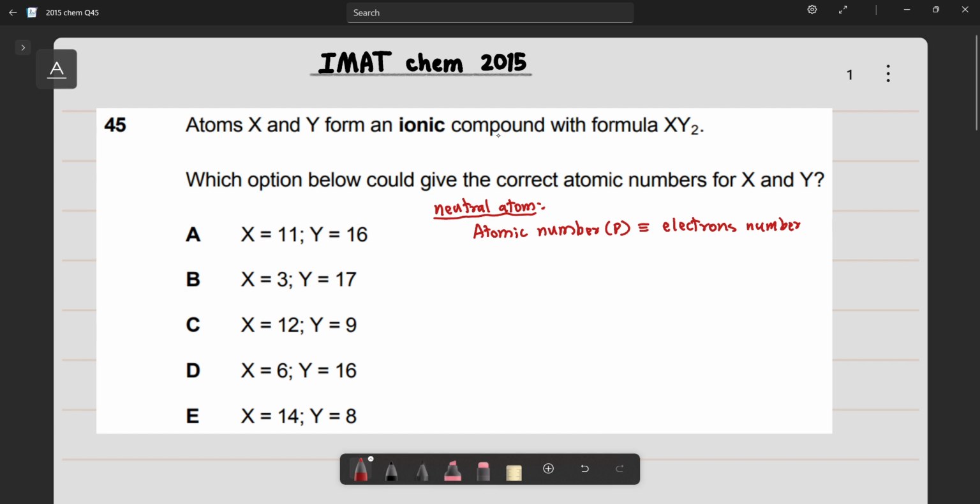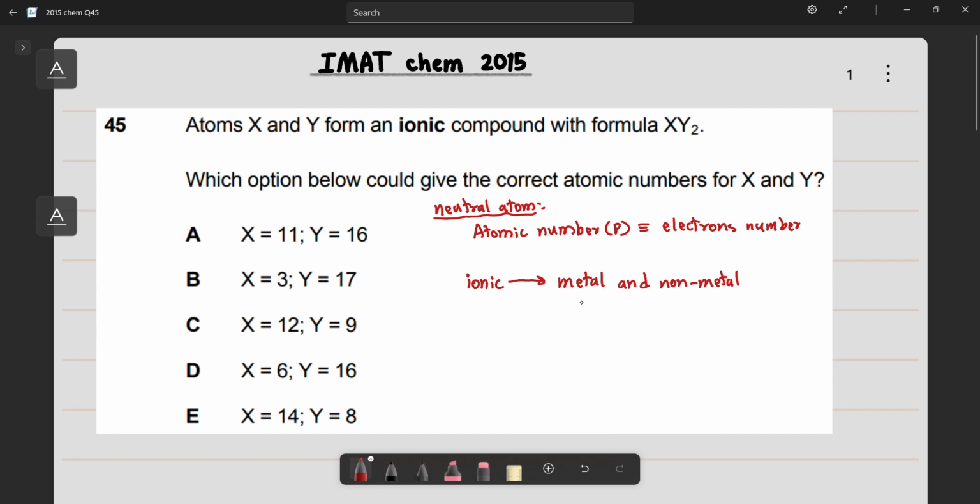And secondly, an ionic compound is mainly formed between metal and non-metal. So there's a huge electronegativity difference between these two species.